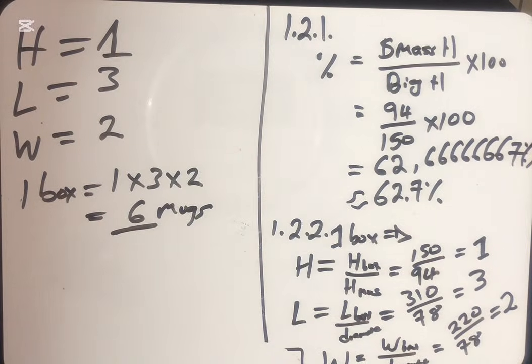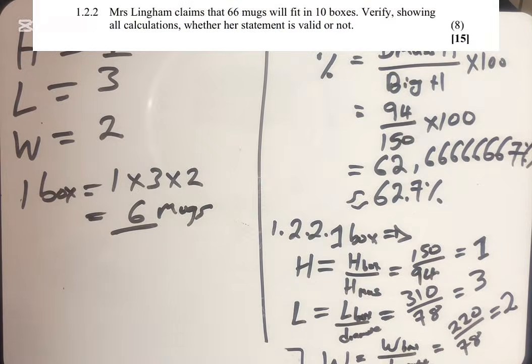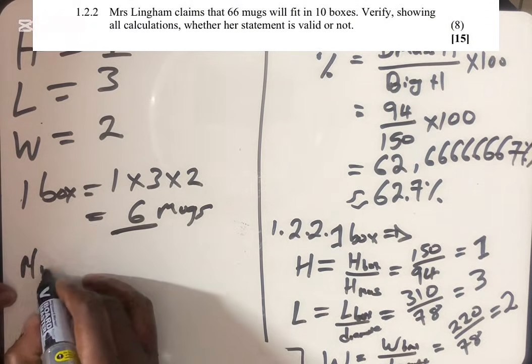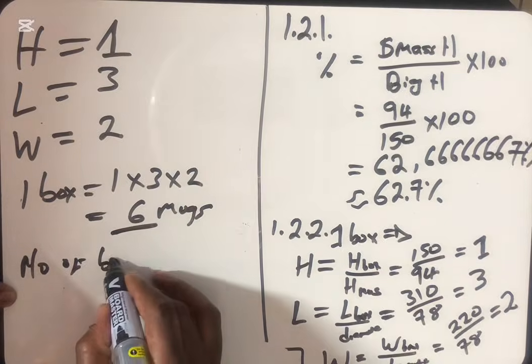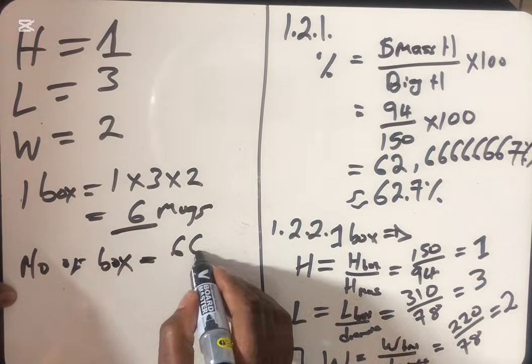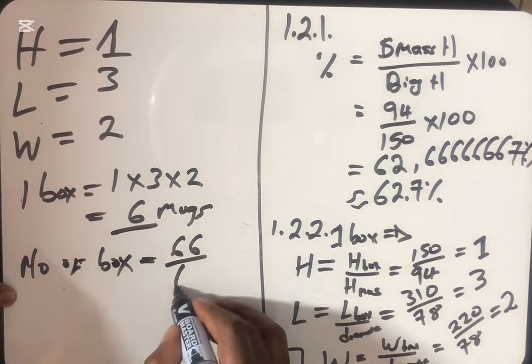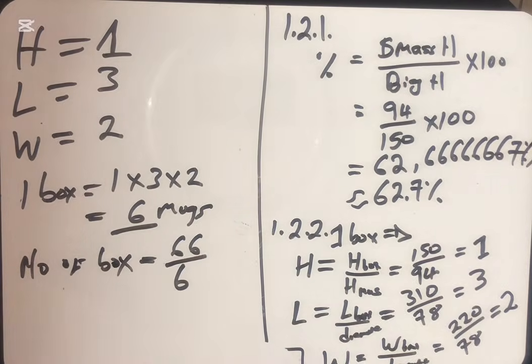And now she's saying that 66 mugs will fit in 10 boxes. So what we need to do is say number of boxes is going to be 66 mugs divided by 6, because we know that each box is filled by 6 mugs.